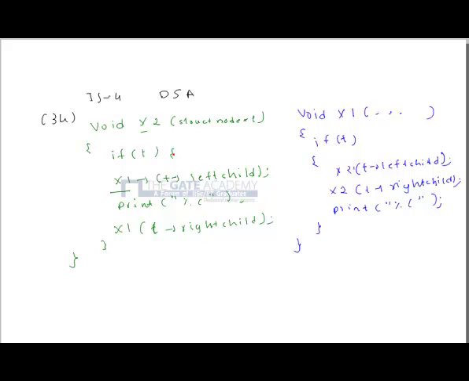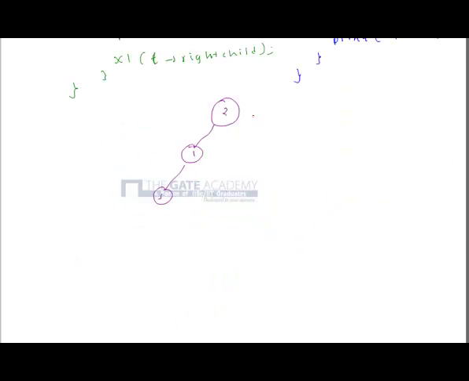And now you are given a tree as follows, and this is pointer t. You need to first find x1 on t.